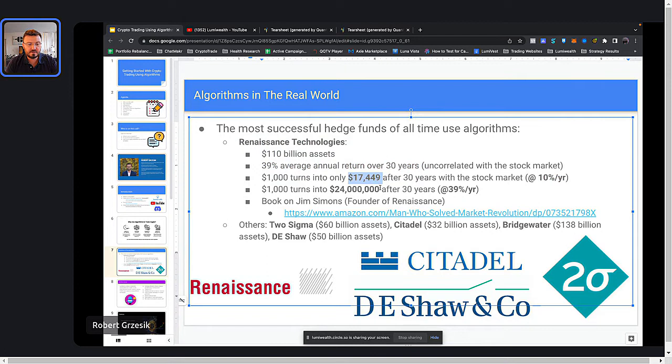If you had put that in, it would be $19,518,390.72. But I'll leave that out. If you had invested with Renaissance as opposed to putting your money into the stock market over that 30-year period, you'd be making 39% instead of 10%. That $1,000 would turn to $19.5 million as opposed to $17,000.